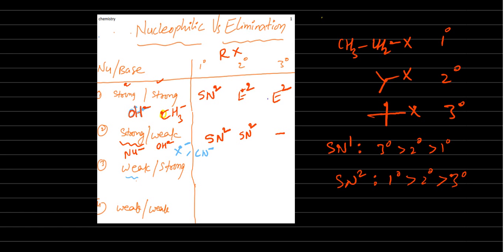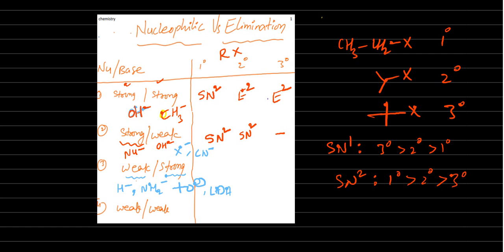Now, weak nucleophile and strong base: those are H minus, hydride ion, NH2 minus, amide ion, then nitrogen bases and tertiary butoxide, even LDA.